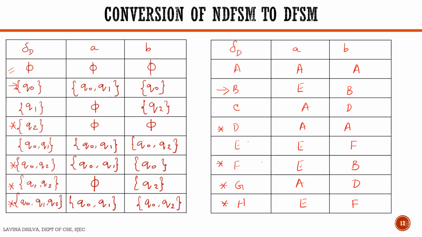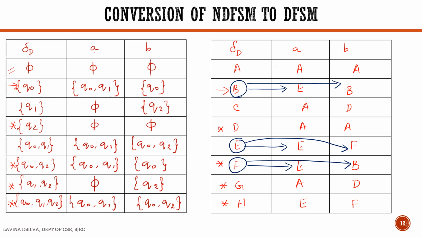The next part which we have to see is which of the states are reachable from the start state. Therefore, if B is our start state, B reaches E and B goes to B. So we know that from the start state, E is reachable. And E reaches E, and from E you can reach F. And from F you can reach E and you can reach B. So B is already our start state, so we come back here.